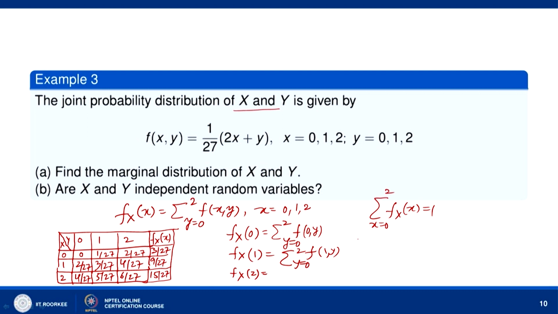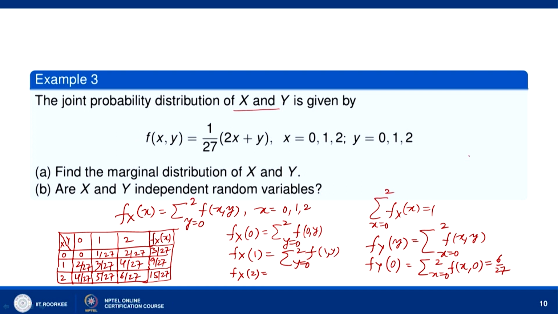Similarly, we can find f_Y(y), which equals the sum over x equal to 0 to 2 of f(x,y). So, f_Y(0) is the sum over x equal to 0 to 2 of f(x,0). When you take x equal to 0, we have f(0,0), when x equal to 1, we have f(1,0), when x equal to 2, we have f(2,0). That is a column sum. So, 0 plus 2 by 27 plus 4 by 27, so 6 by 27.